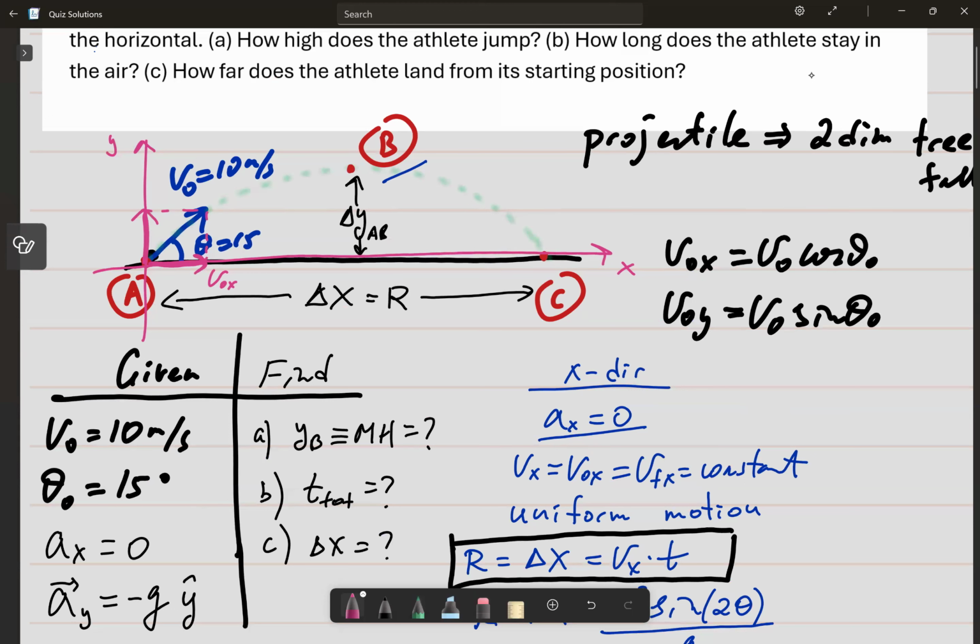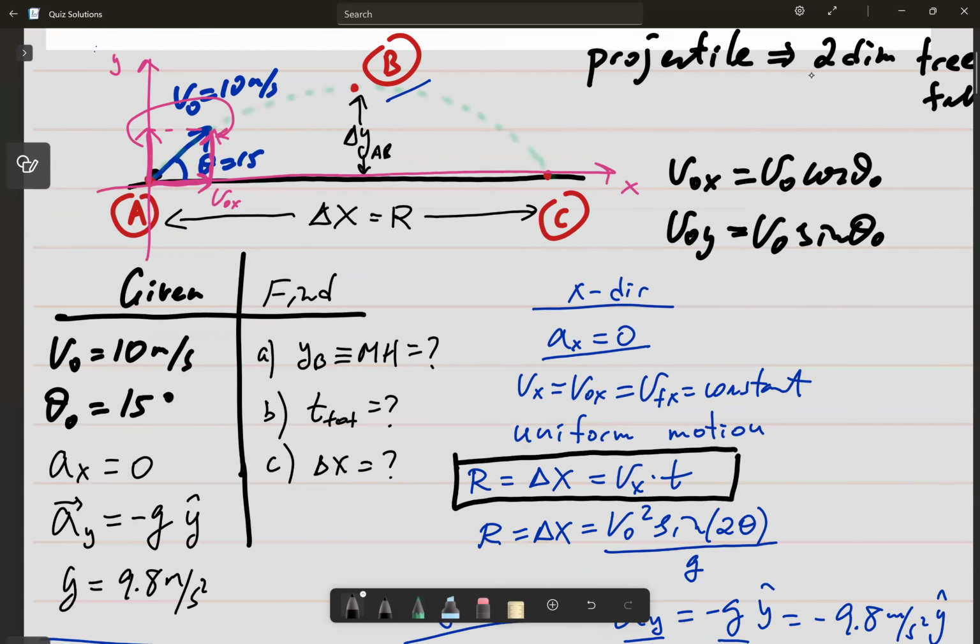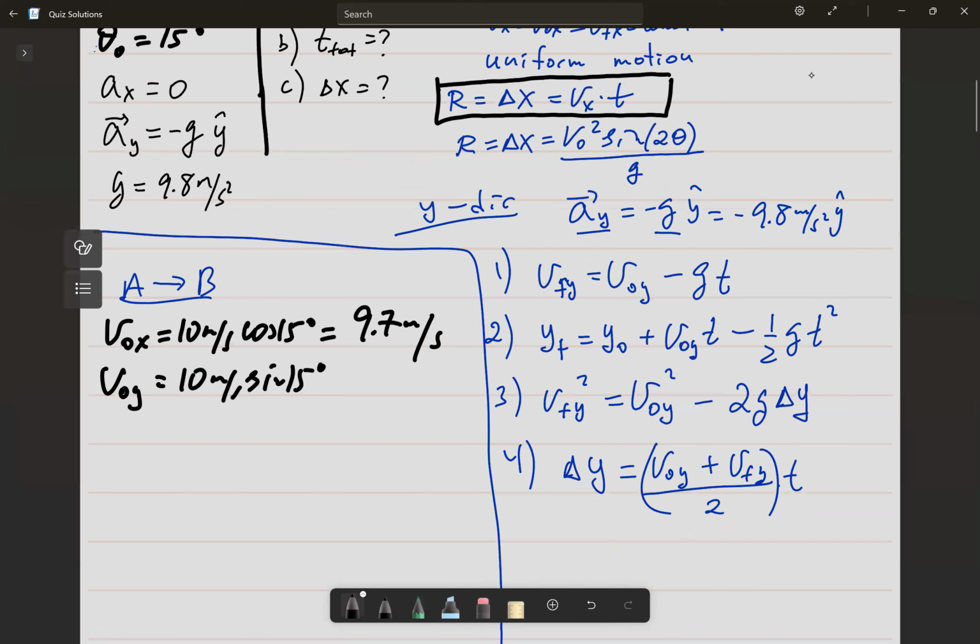If I move this here, the y component is opposite to the angle theta, and the x component is adjacent to the angle theta, which means the x component is in terms of cosine and the y component is in terms of sine. If I calculate this, I should get 2.6 meters per second.